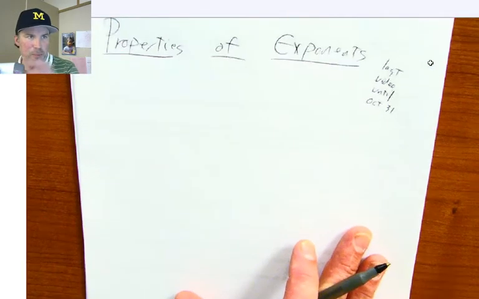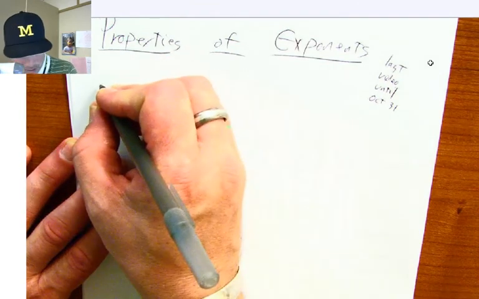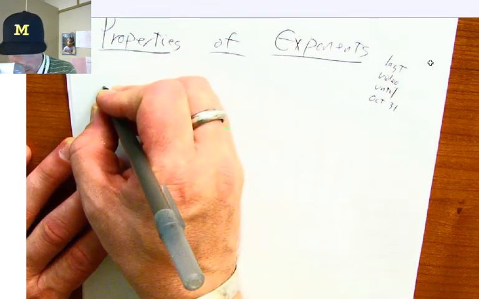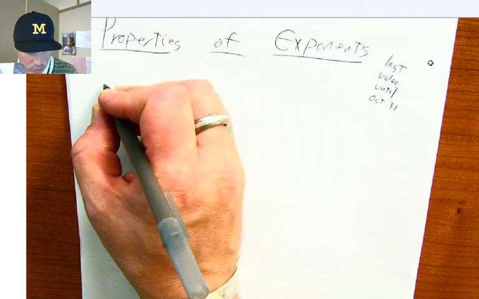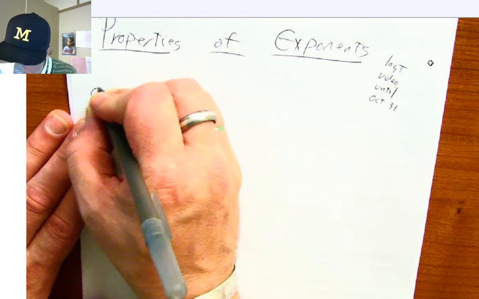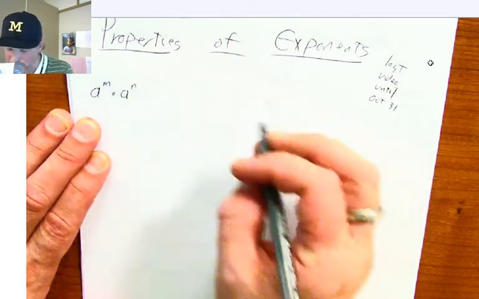Okay, so for properties of exponents, let's make the list here. These are the first 2, the product and quotient property. Here's the product property, a to the m times a to the n.